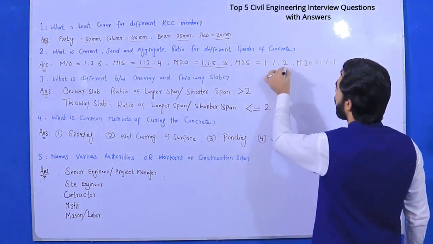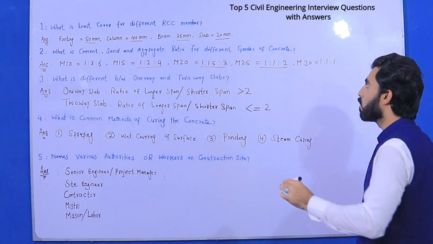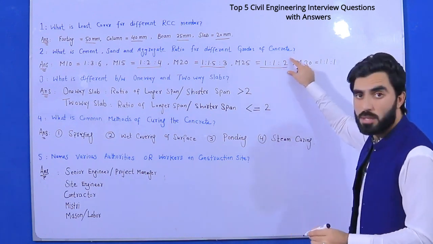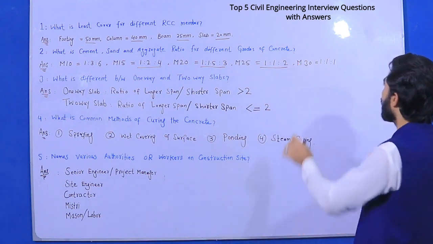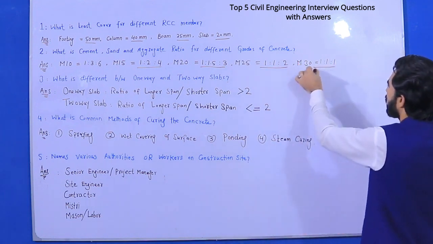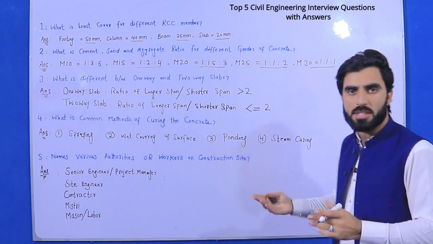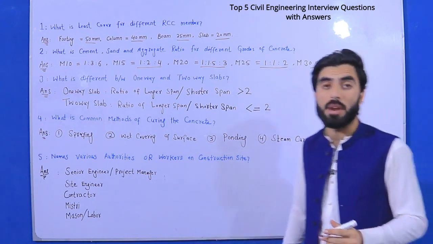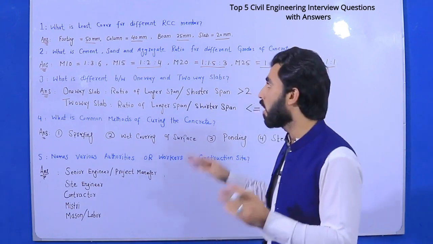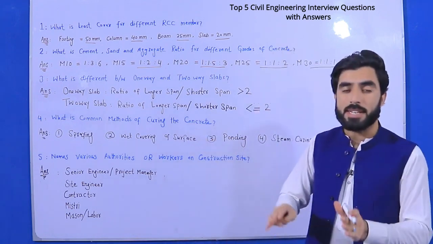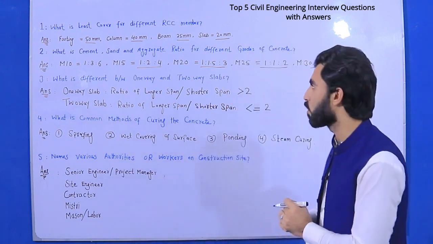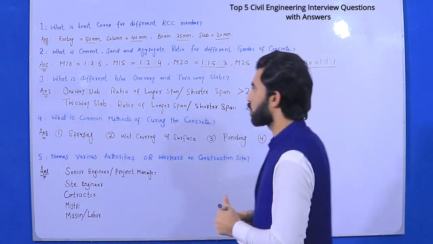For M25, 1:1:2. One is cement, one is sand, last part 2 is aggregate. So these are cement, sand and aggregate ratios in different grades of concrete. This is the second interview question.